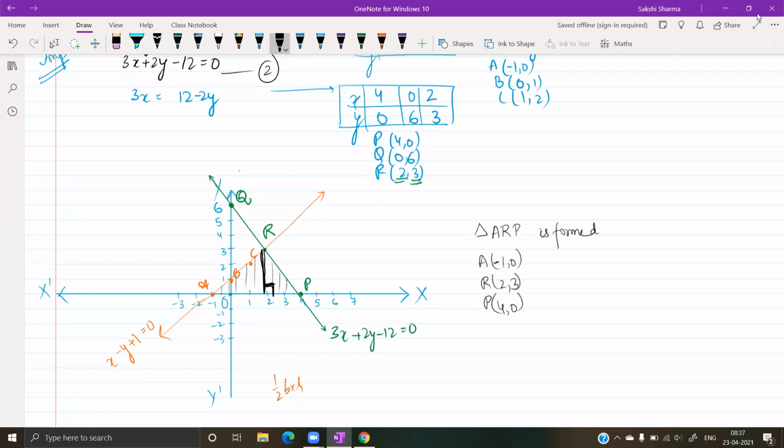I hope that makes sense to you कि हम अगर area पूछ लें तो हम कैसे find out करेंगे.